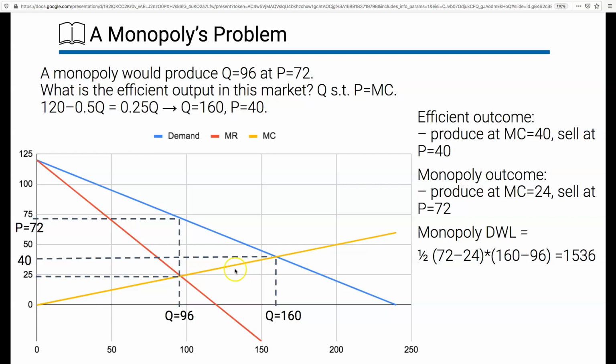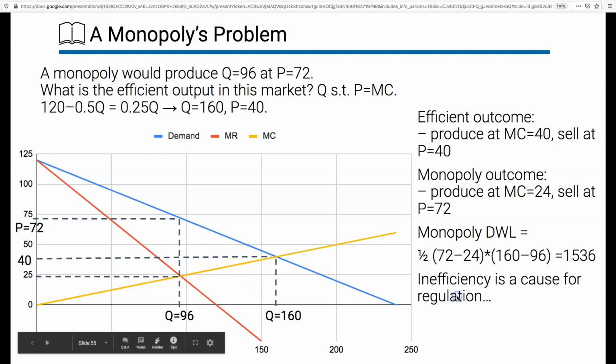Because there is deadweight loss in this situation, there is a good cause for regulation of a monopoly. If you think about your local utility or water companies, a lot of times they're owned or operated by the city because a lot of times it is easy to regulate a publicly owned company.